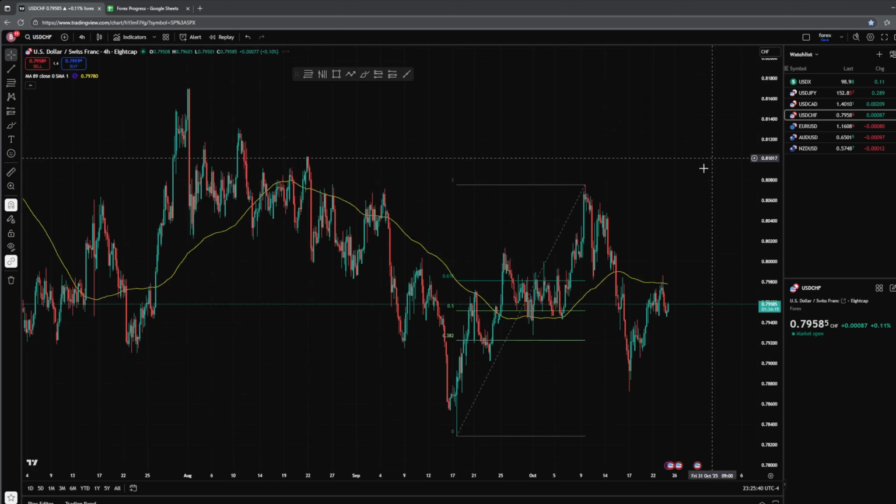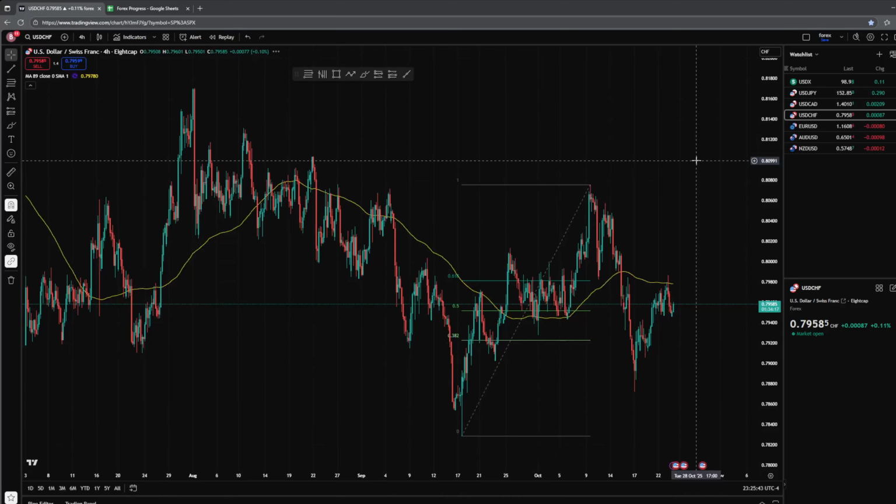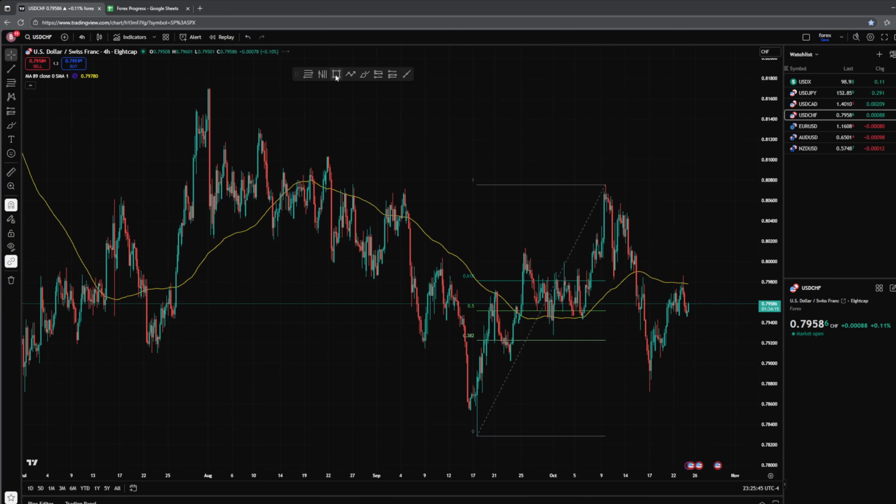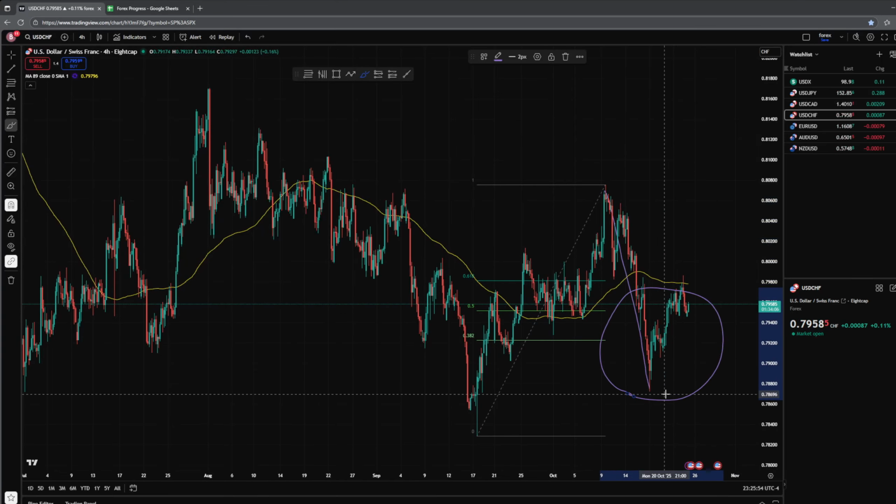Okay, USD Schweizer franc. So here once again, we have the last down leg here, and the majority of the candles are hanging out below the yellow moving average line. More than 50% of the down leg is below the yellow moving average line.